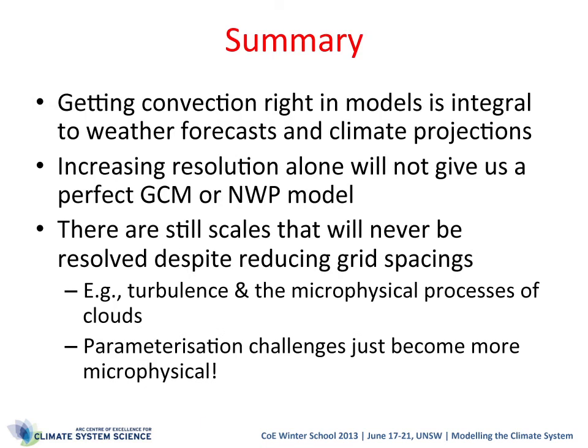Just to summarize, we really need to get convection right because it's integral for weather forecasts and climate projections. Increasing resolution will not give us a perfect GCM because there are always some scales that we don't resolve, like the turbulence and the microphysics. And if you just reduce the resolution, then the parameterization just becomes more microphysical.